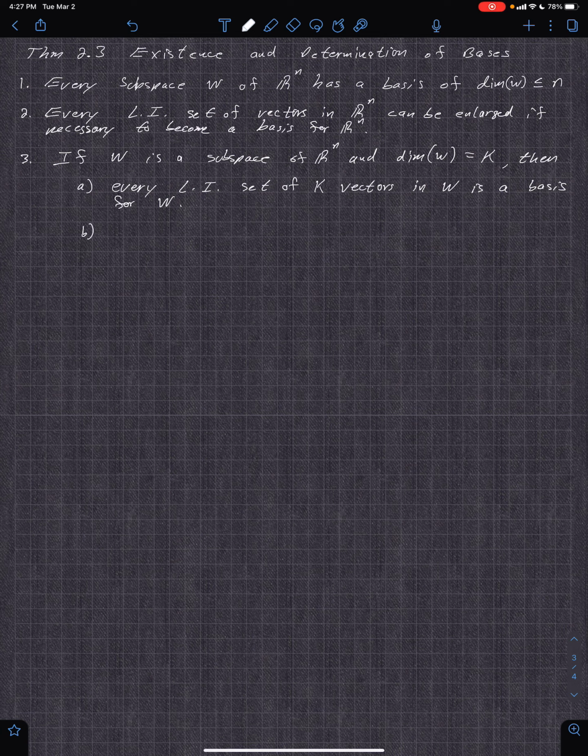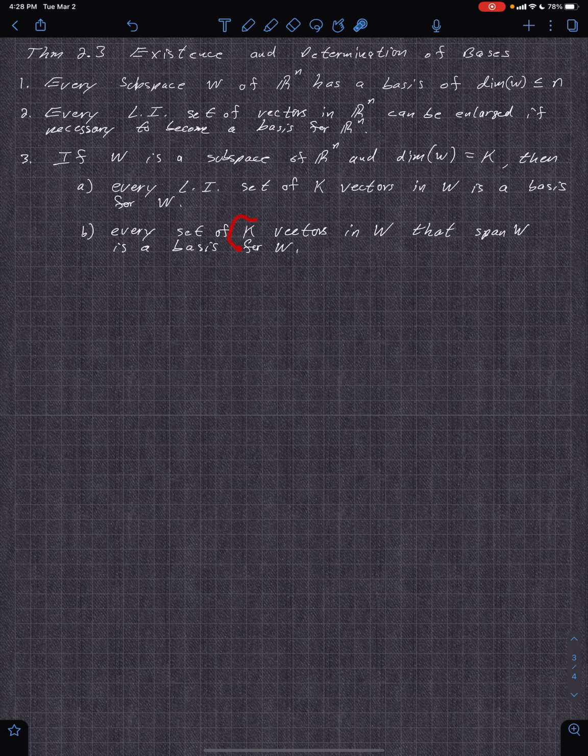And B, every set of k vectors in W that span W is a basis for W. Because remember, the vectors in W... So it's this number of vectors that's kind of important here.